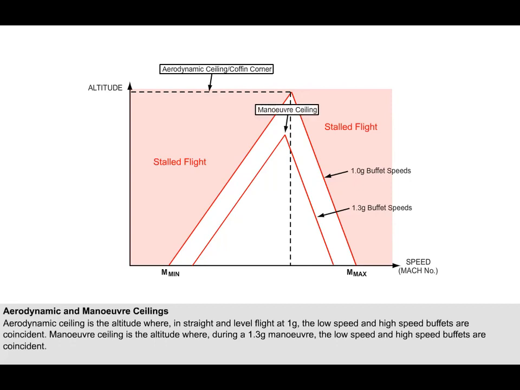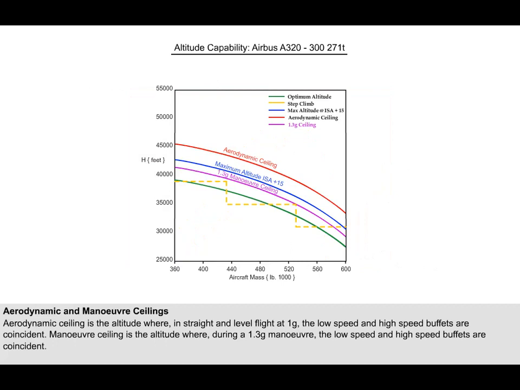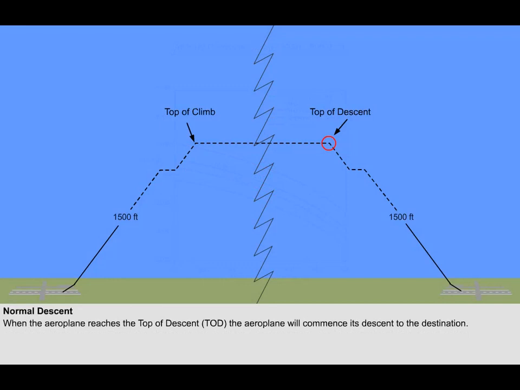This altitude is called the 1.3 G buffet limit altitude or maneuver ceiling, and is usually about 4,000 to 6,000 feet below the aerodynamic ceiling. Adding these two altitudes onto the graph shown earlier helps you to see how these different altitudes and ceilings relate to each other.